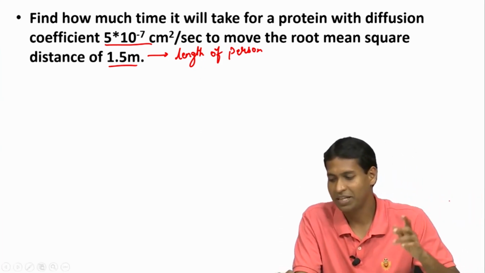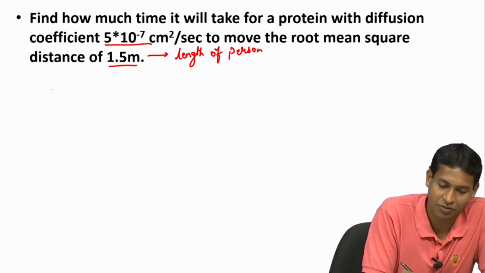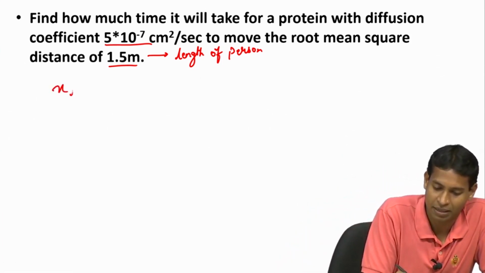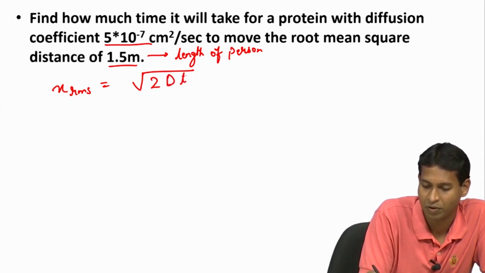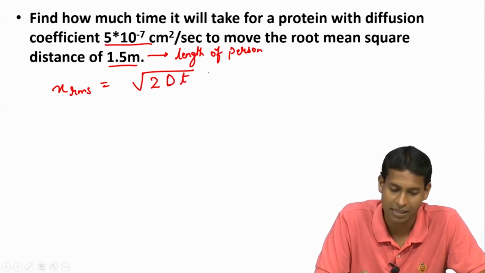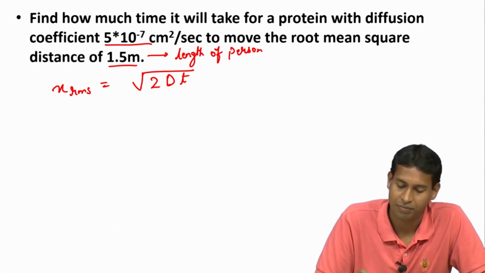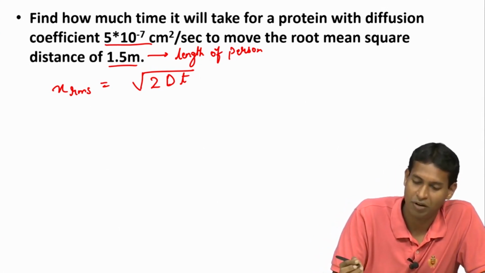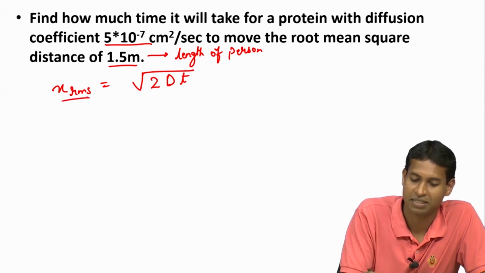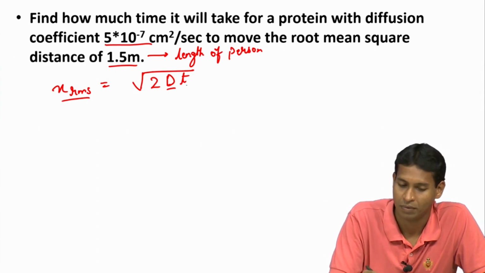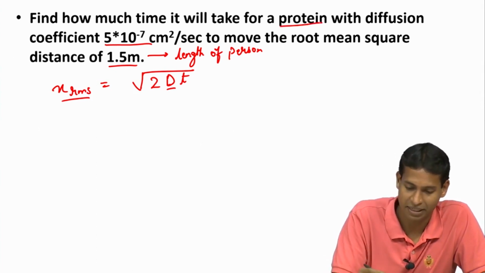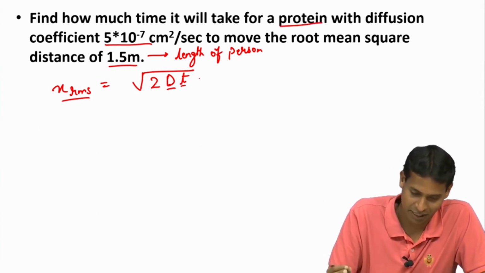So this is a very simple question, because we know that the x RMS is nothing but root 2Dt, right. And so now we know the x RMS, we know the diffusion coefficient for that particular protein in that media, and then we want to find out how much time it will take.